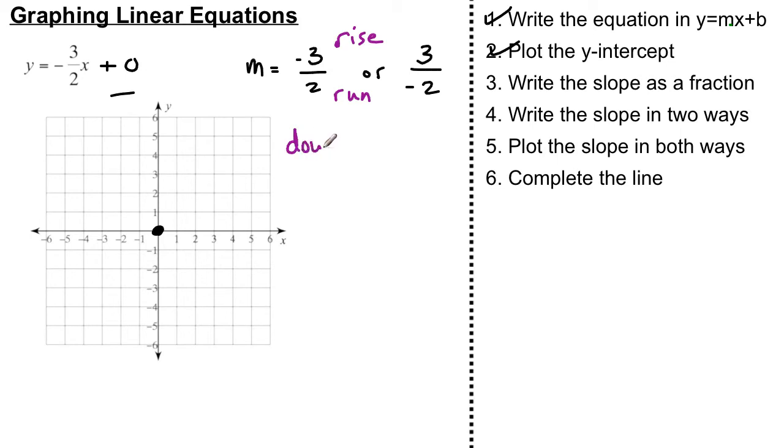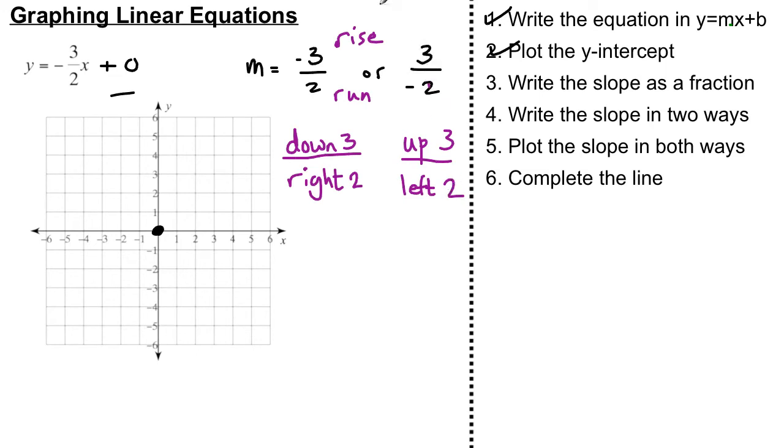Okay, you go down 3. And you run 2, this says you go right 2. Okay, when you rise 3, you go up 3. And when you run negative 2, you go left 2.